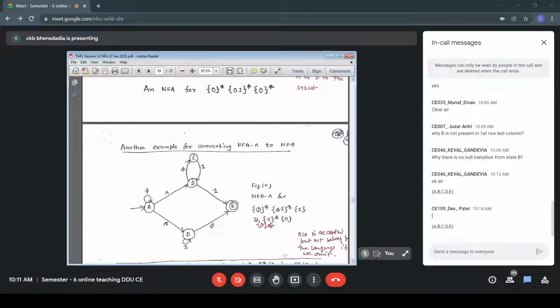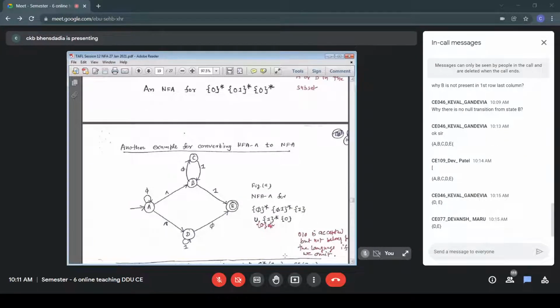Similarly, find out delta star A1. Okay, A1.